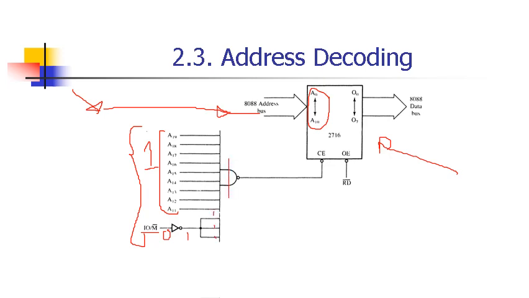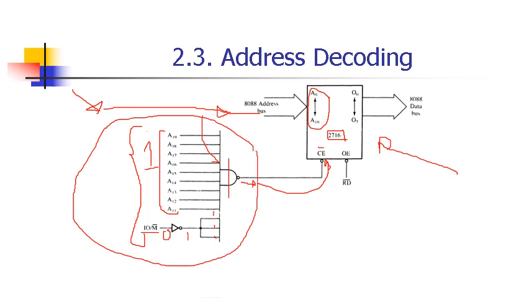So all the inputs to your NAND gate are 1s, making the output 0, which you use to chip select or to enable this EPROM device. Okay, so this is the way we decode the rest of your address pins, simply by using a gate.